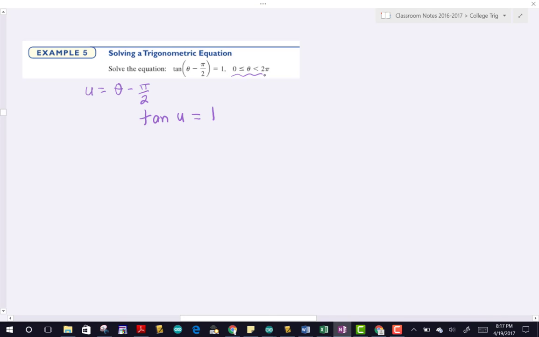We know that in the interval from 0 to 2 pi, tangent is going to equal 1 here and here, at pi over 4 and at 5 pi over 4. So we're going to let u be equal to pi over 4.